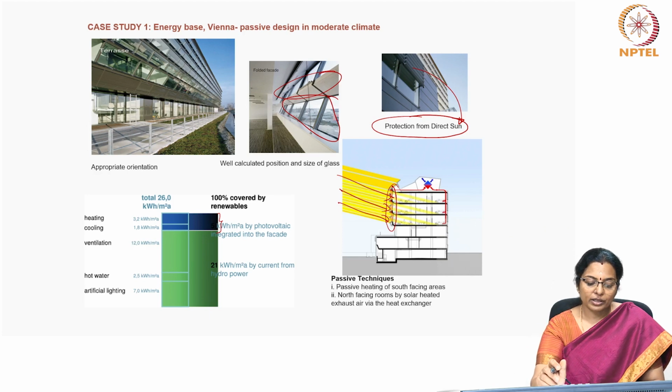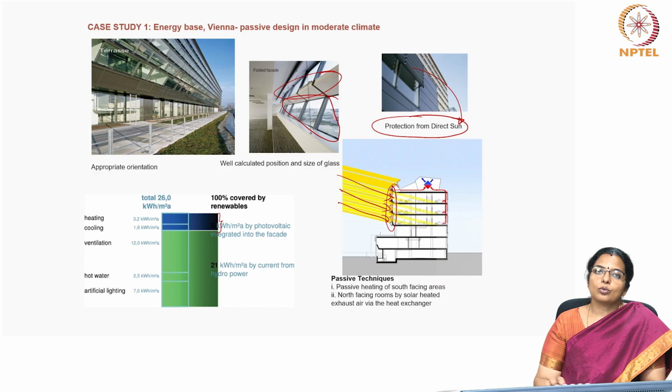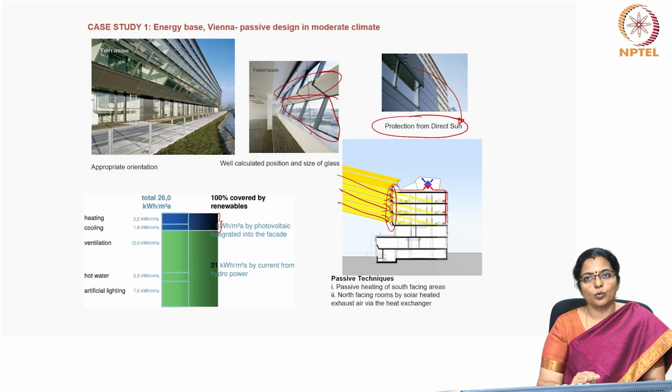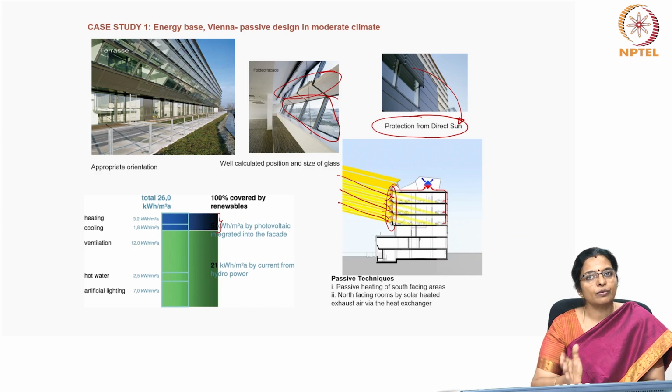So, hot water, heating building, cooling building, everything gets covered by the renewables. So, these are the simple passive techniques which are used in these two buildings. There are advanced passive techniques which have been used in these buildings and in some other buildings also, which we will look at as a separate section.